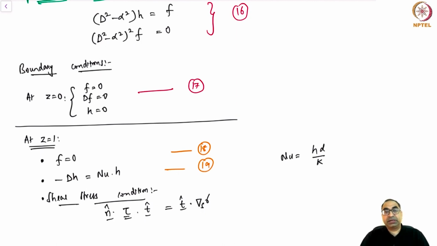We also got another condition on h, that is equation 19, and this condition was obtained by assuming thermal equilibrium between the conduction that's happening through the fluid very close to the interface, just below the interface, to the convection that's happening in the air above.